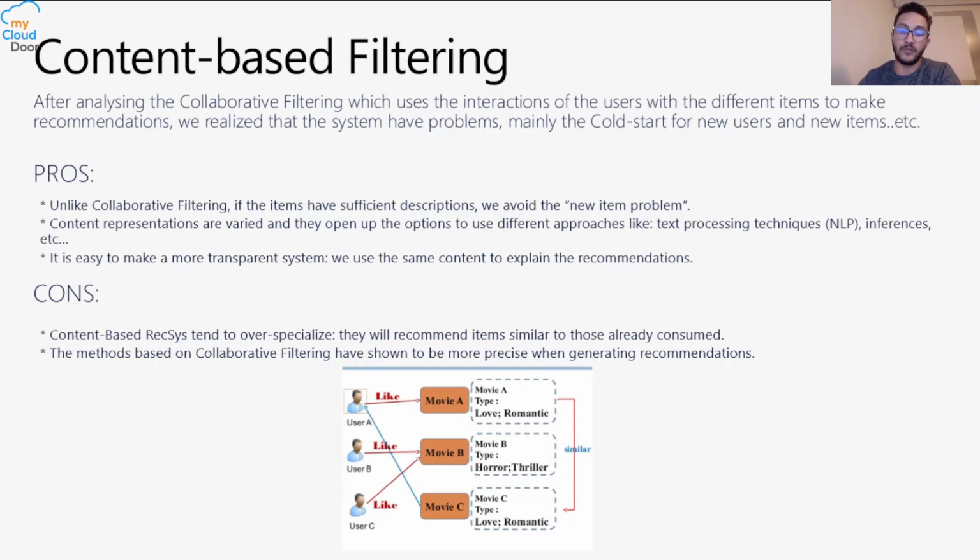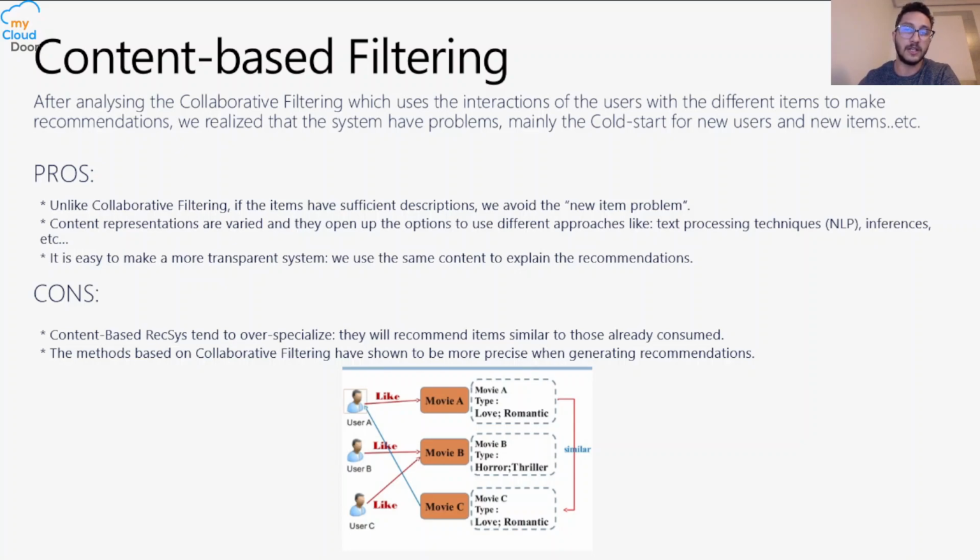So the general idea behind this recommender system is that if a person liked a particular item, he or she will also like an item that is similar to it. Likewise, content-based filtering has some pros and cons as well. One of the pros is that, unlike collaborative filtering, if the items have sufficient descriptions, we avoid the new item problem.